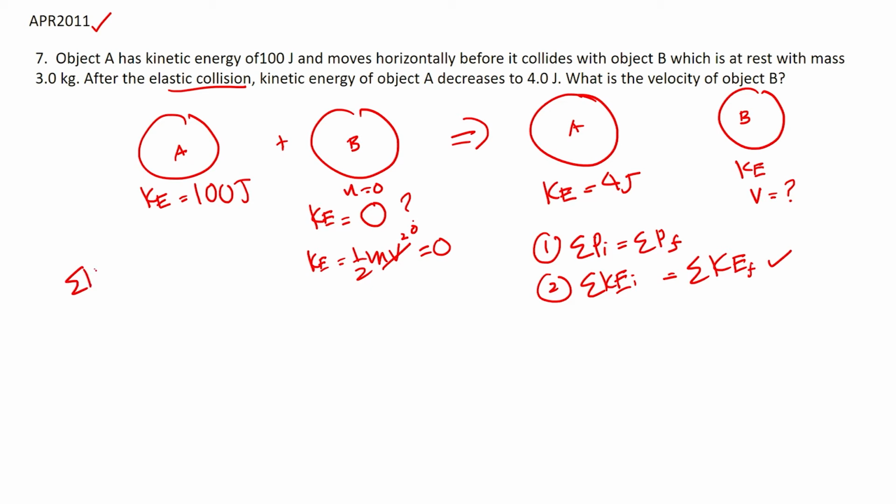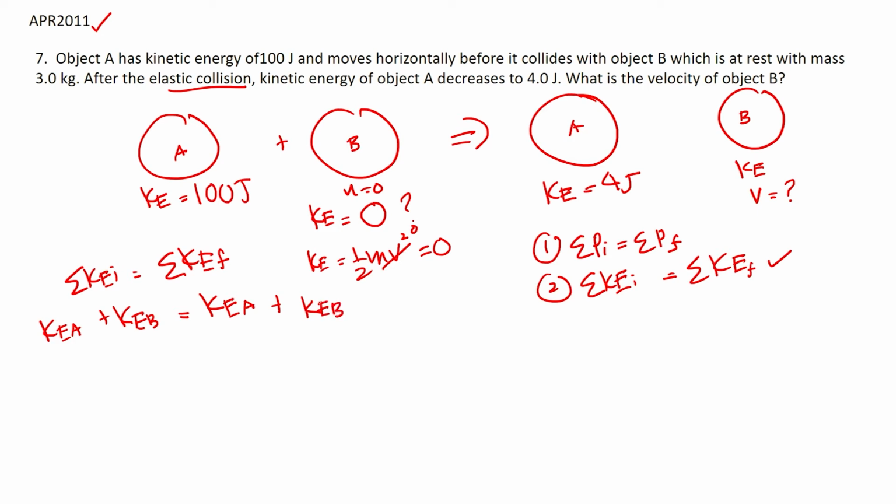So total kinetic energy initial equals total kinetic energy final. So initial, the kinetic energy for object A plus kinetic energy for object B equals kinetic energy final for object A plus kinetic energy final for object B.